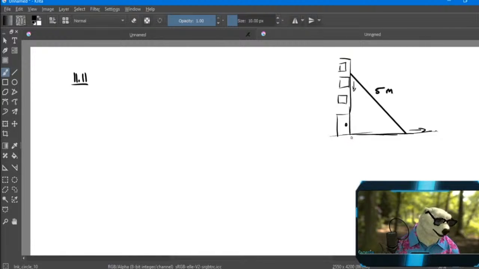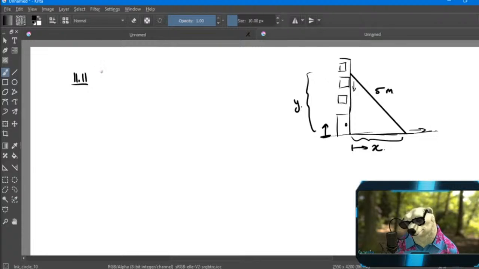I'm going to measure the distance from the bottom base corner of the building to the bottom of the ladder as X. And I'll go from the ground up to measure the height of the top of the ladder, and we'll call that Y. So let's define those.